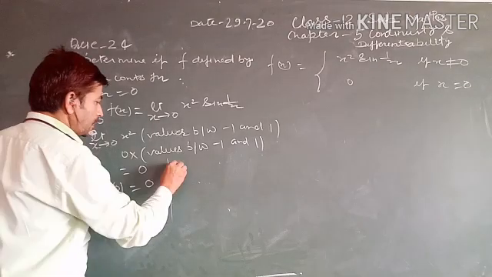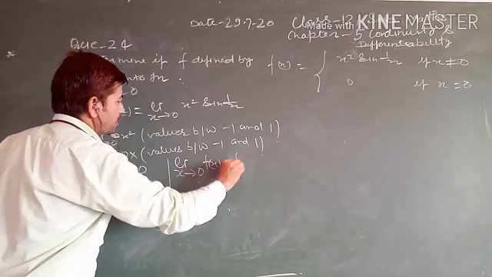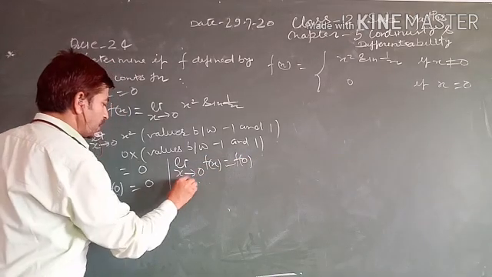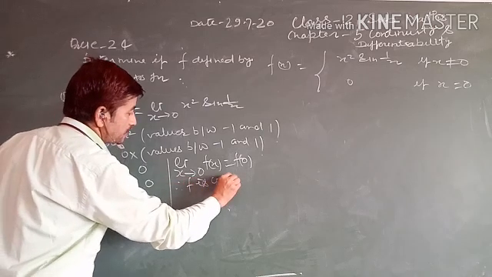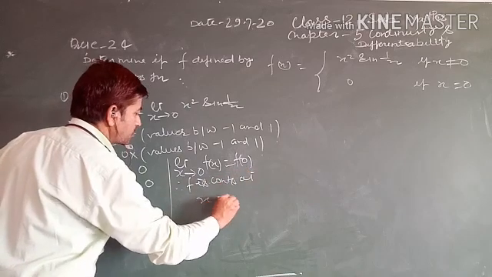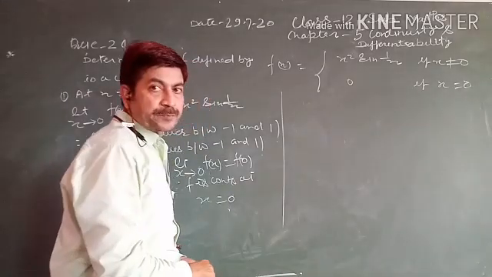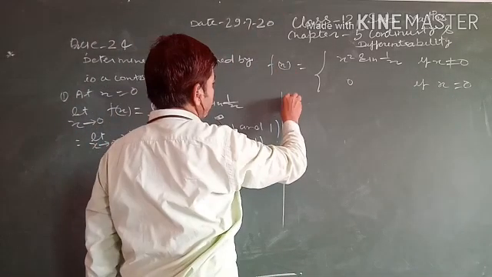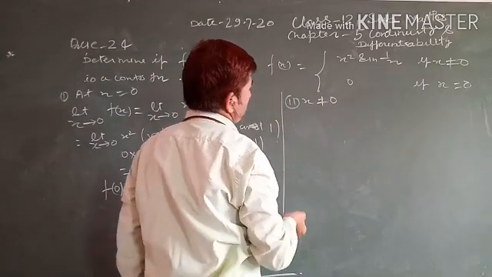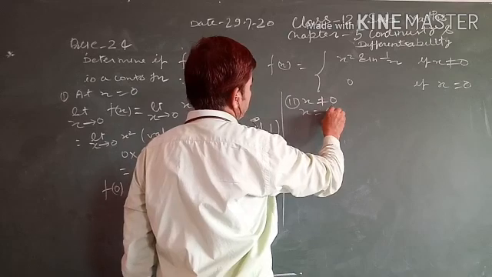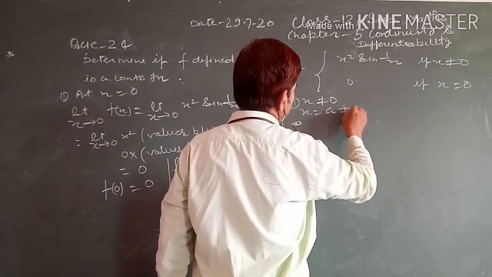Therefore, limit x tends to 0, f(x) equal to f(0). Therefore, f is continuous at x equal to 0. And the second case, x is not equal to 0, x equal to a, not equal to 0.